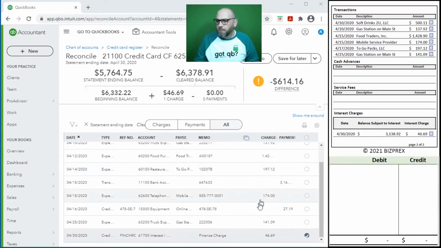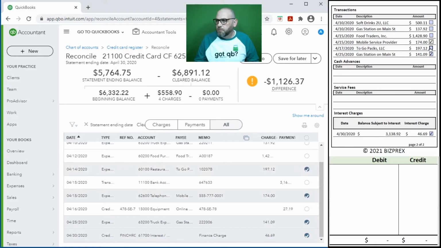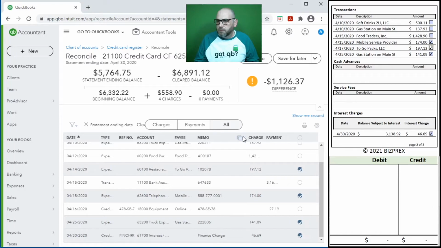Okay, we see our finance charge right here. Let's check that out. We can see some of our transactions. Here it is. Let's adjust it a little so we can see it better.